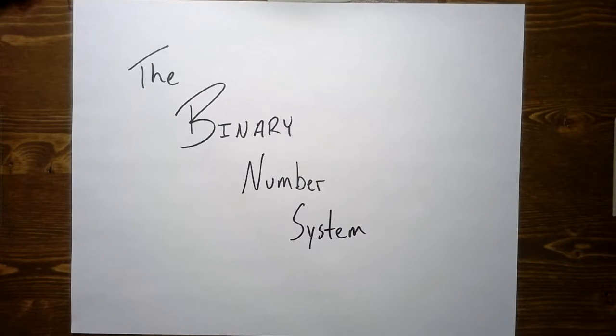Alright, today guys we're going to talk about the binary number system. But to talk about the binary number system, we first have to talk about the decimal number system. When we talk about the decimal number system, I like to start with the prefix, which is deci.